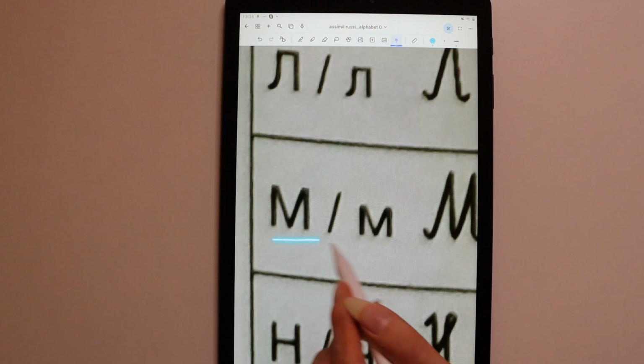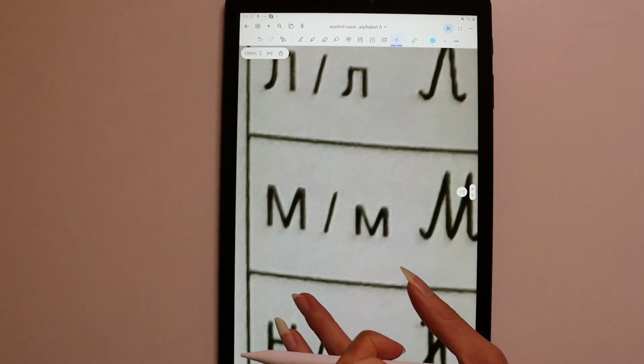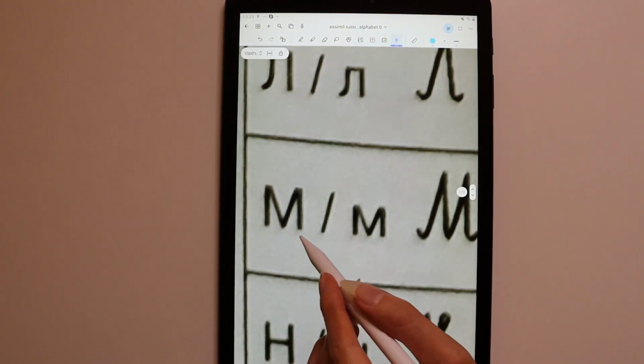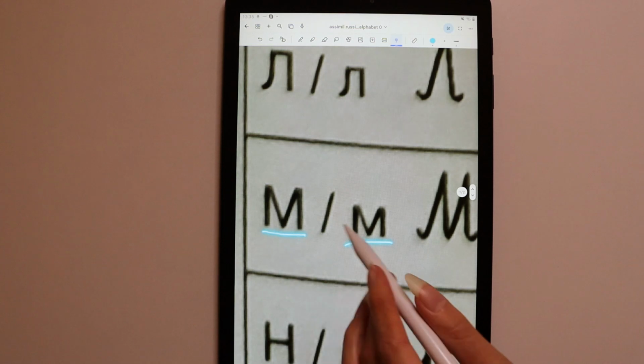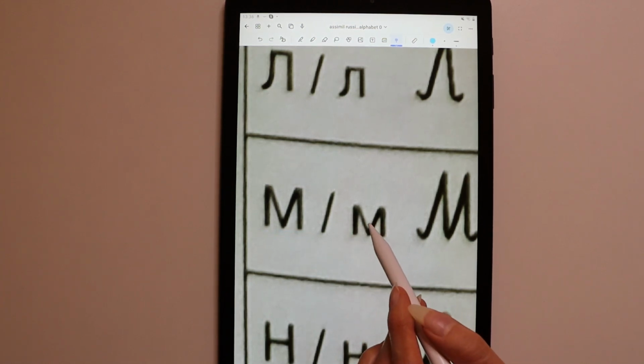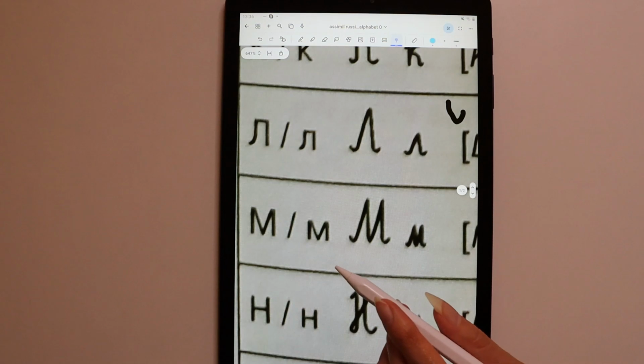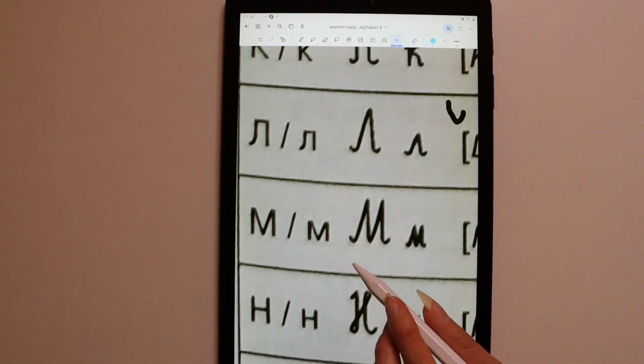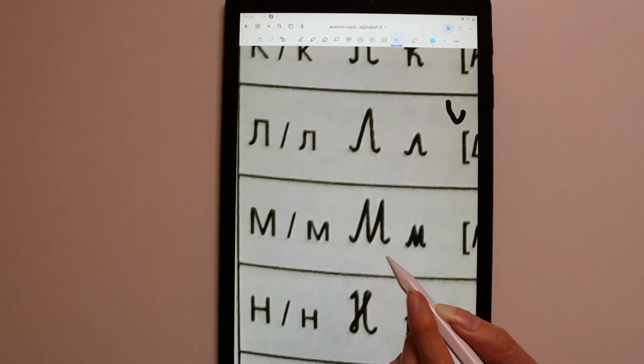And then we have M. M again looks the same. Both versions look the same, but the lowercase letter is smaller than the uppercase letter. And also the cursive letters look quite similar.